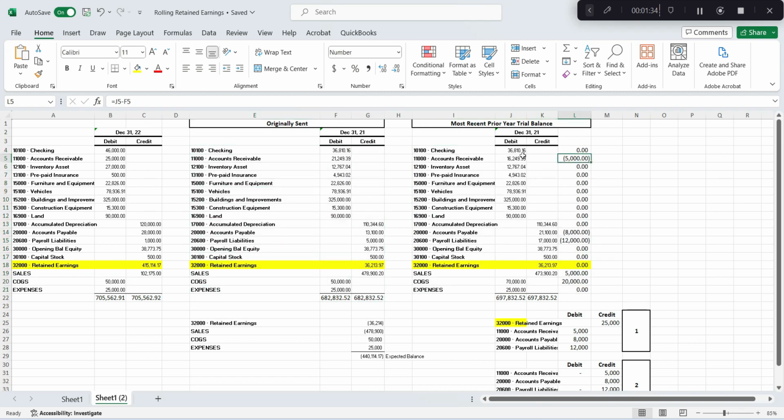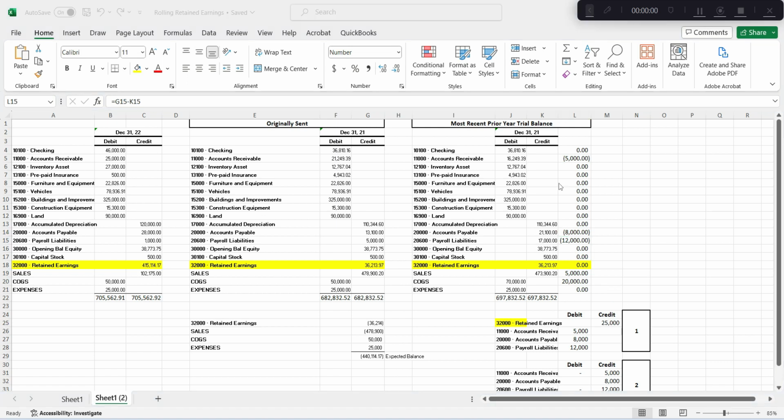So accounts receivable in the new trial balance decreased. So what we would have to do is add back that balance to accounts receivable to get to this $21,000 amount. Accounts payable, there was a posting of an invoice that increased accounts payable from $13,000 to $21,000 for $8,000. We want to decrease it back from the $21,000 to $13,000.